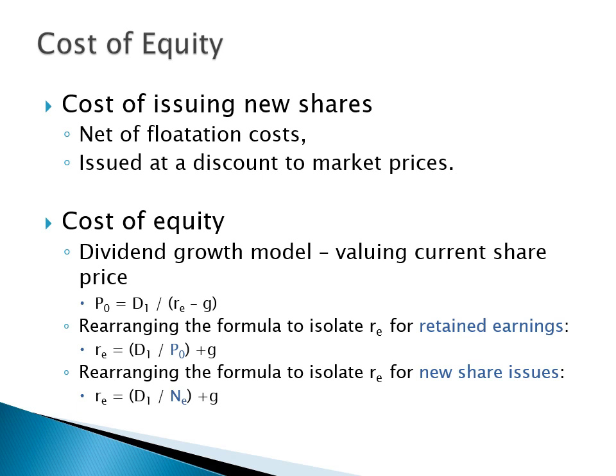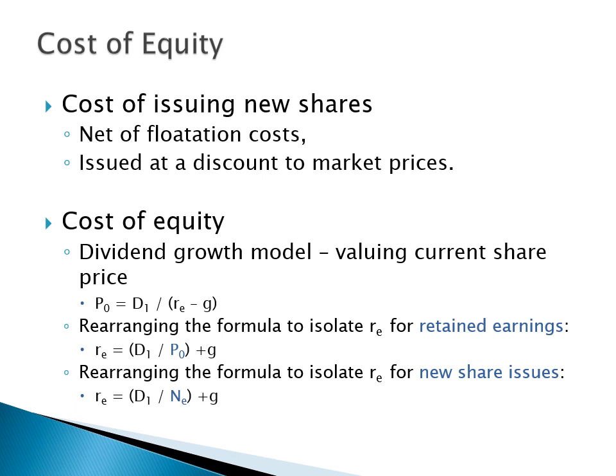When we use the same formula for new shares in issue, it's exactly the same formula. The only difference is it is not the current share price, but it is the net share price or the net value of the shares that we will get. So it is after flotation cost has been deducted.